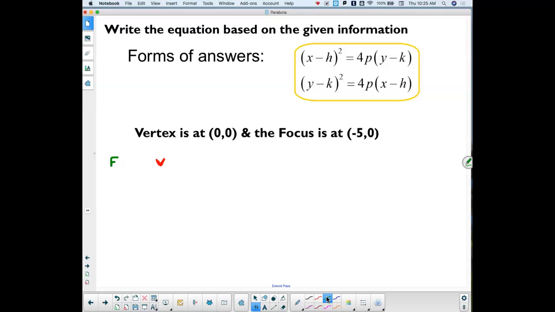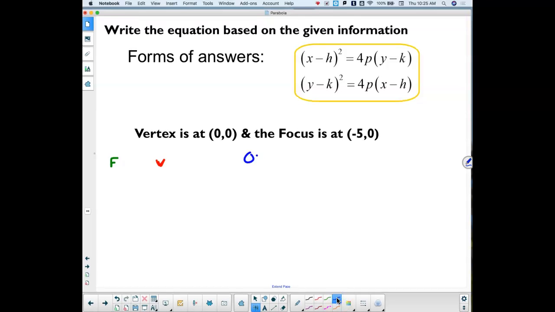So which way does this one open? It opens left because the focus is left. So which one of those two is a left opening? Top or bottom? Bottom one with what extra condition?